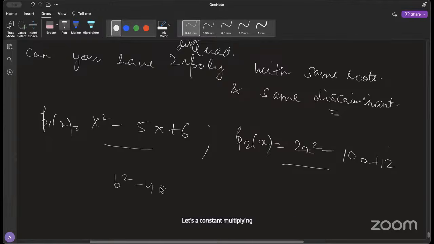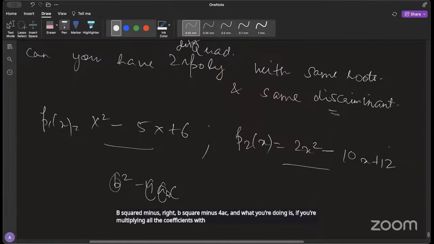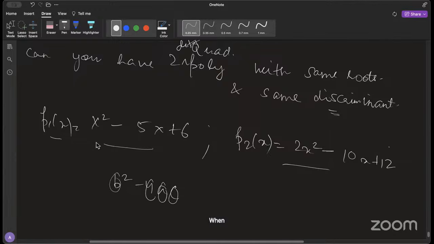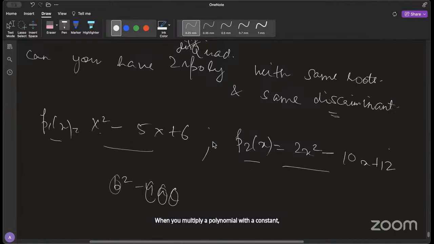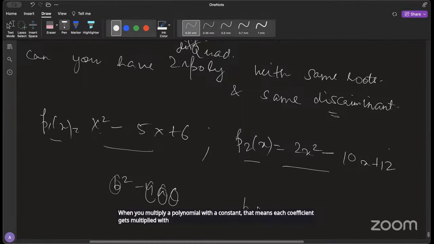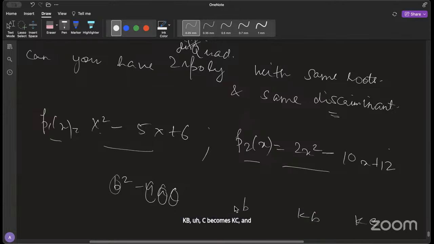b square minus 4ac, and what you're doing is multiplying all the coefficients with a constant. When you multiply a polynomial with a constant, each coefficient gets multiplied with that constant. That means b becomes kb, c becomes kc, and a becomes ka. So instead of a, b, c as coefficients, now you have ka, kb, kc.